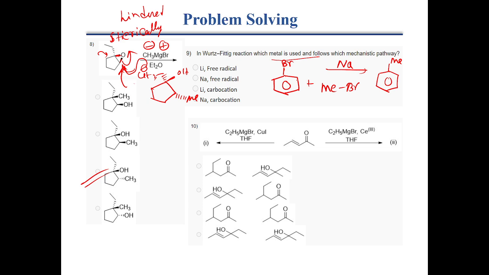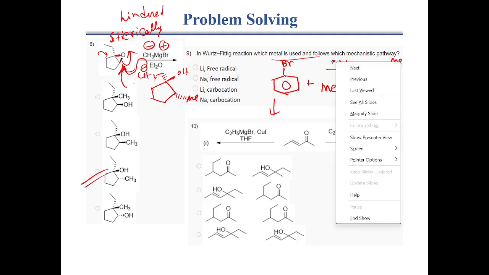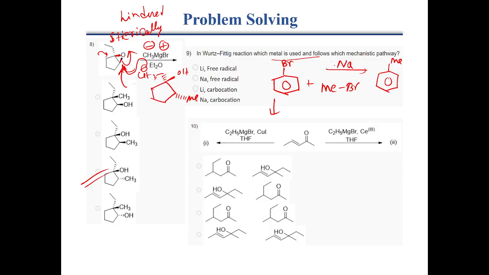So what happens in this case? This is done through a radical reaction pathway. The sodium must transfer a single electron and liberate the bromine. So it will form this radical.